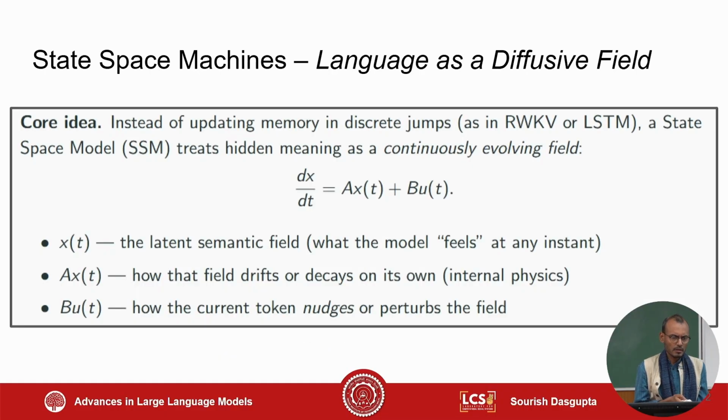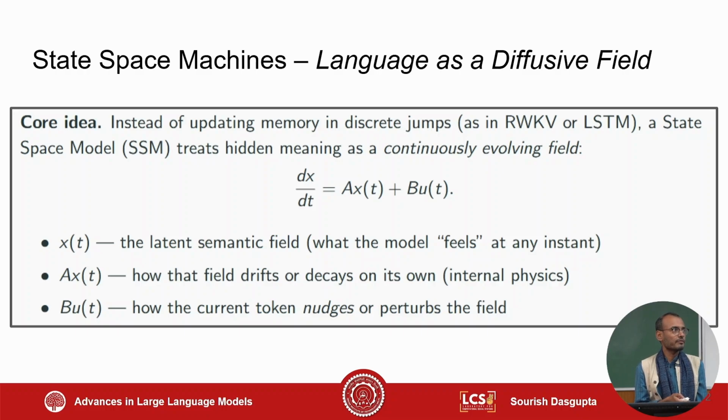But just for recap's sake, what we started with when we discussed state space machines as an alternative way of modeling language, we looked at language as a diffusive field, right?